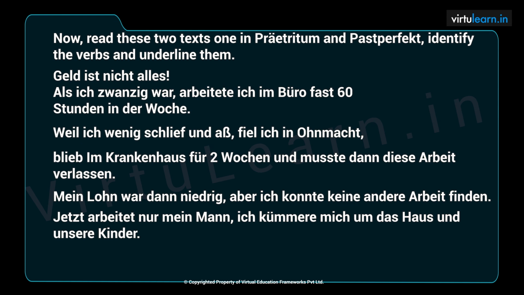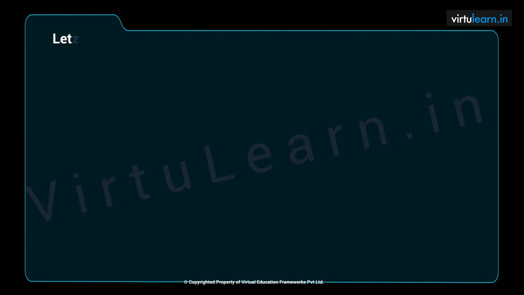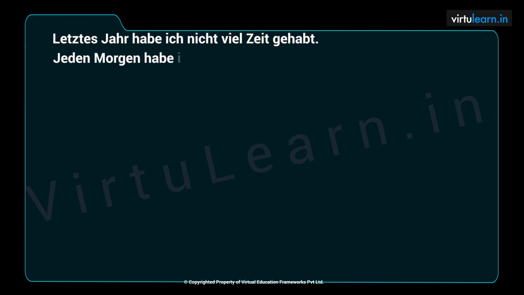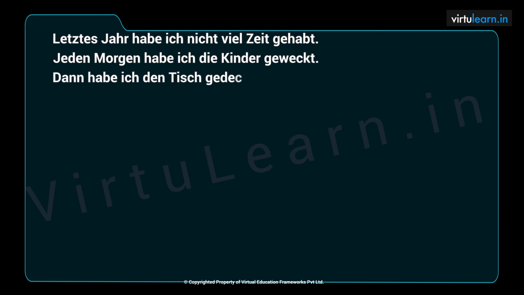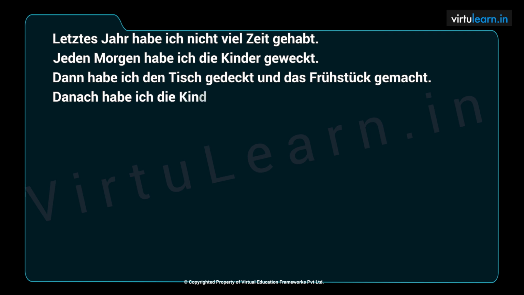Now read the text in perfect. Letztes Jahr habe ich nicht viel Zeit gehabt. Jeden Morgen habe ich die Kinder geweckt, dann habe ich den Tisch gedeckt und das Frühstück gemacht. Danach habe ich die Kinder zur Schule geschickt.